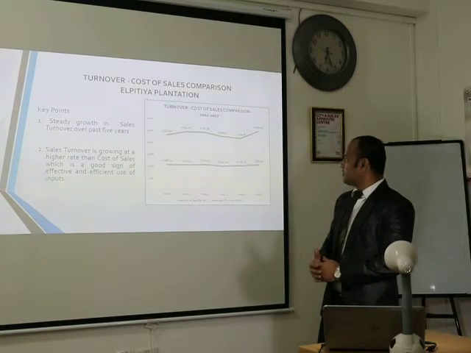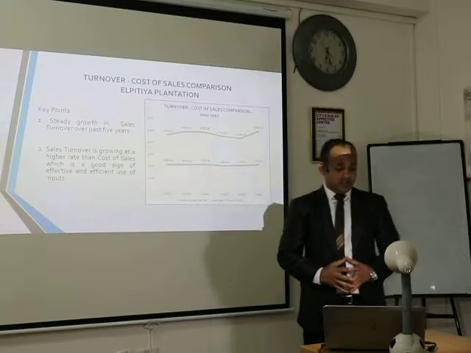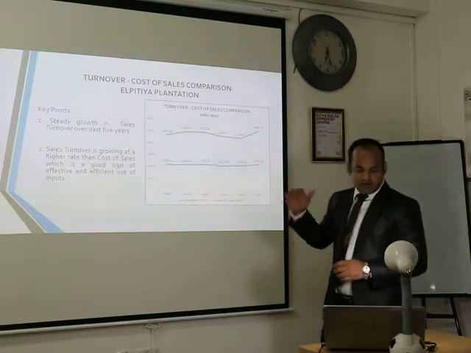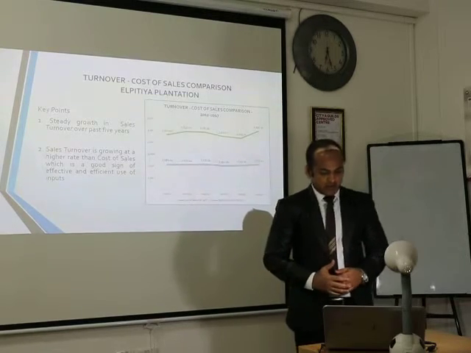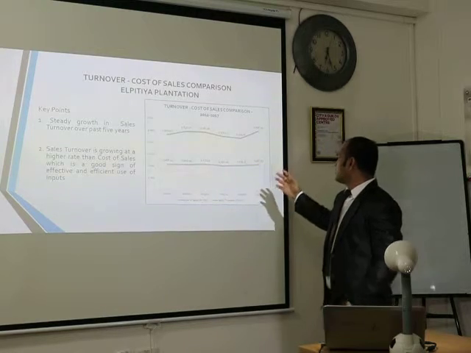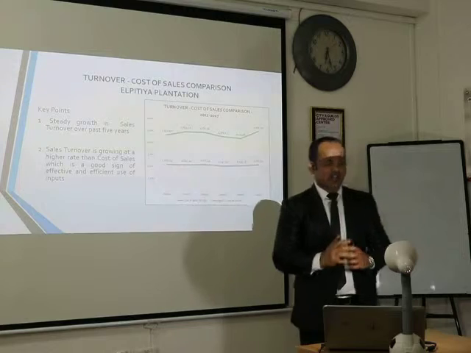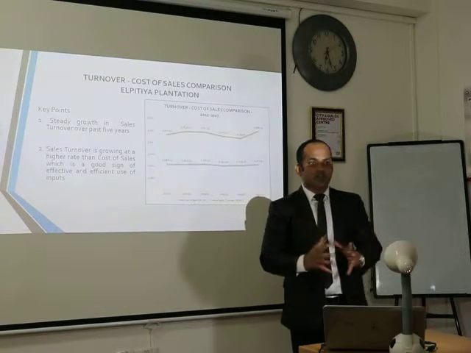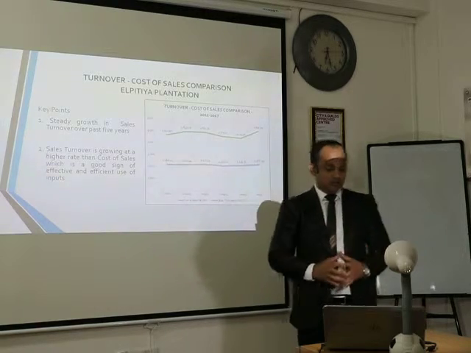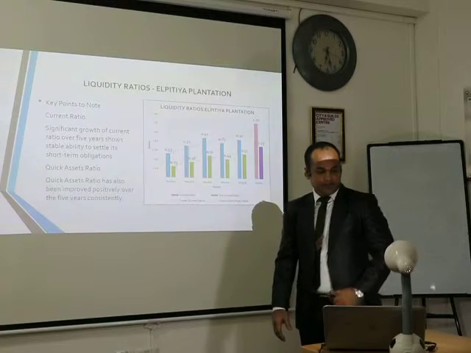And also I have noticed the company was able to maintain a steady level of cost of sales over the period of time. It is also noticed that in 2016 and 17, the company was able to increase the turnover without increasing the cost of sales, which is a positive impact to the organization's profit level.